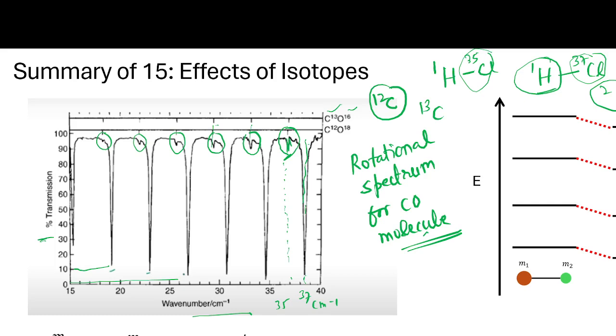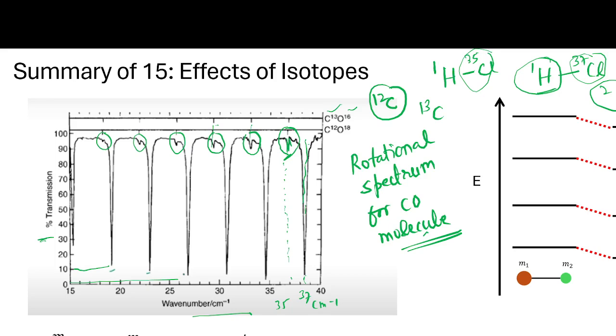Now let's try to understand it mathematically. We have two molecules, the first one and the second one. We changed the mass from m1 to m1 prime. From the lecture notes, we saw the reduced mass for this molecule is mu and for this molecule is mu prime.